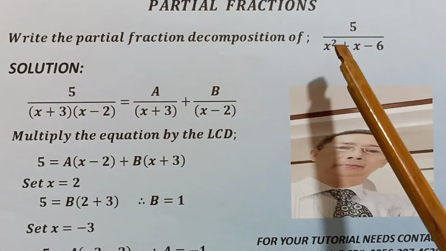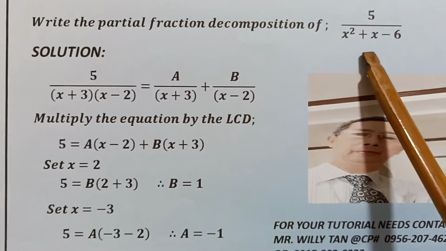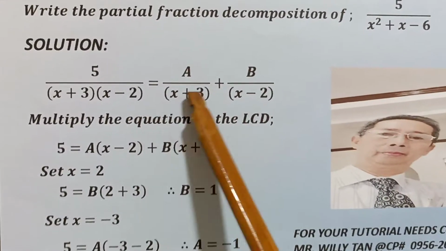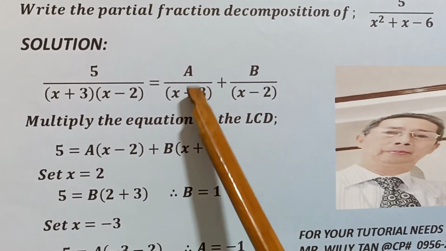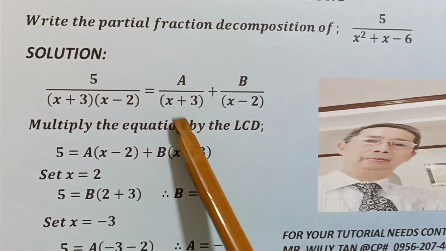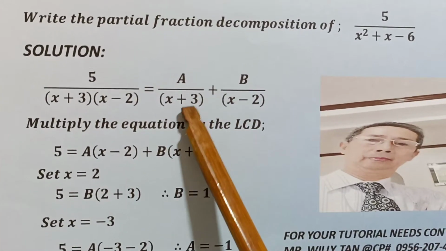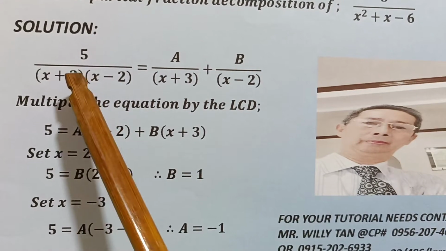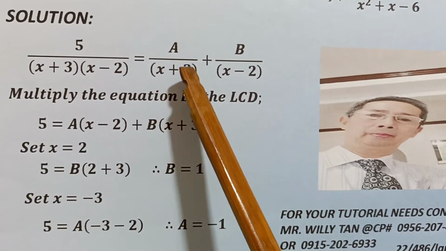its factors. The denominator will be factored. So, to do that, we resolve this by separating it into two terms, one for each factor of the denominator.